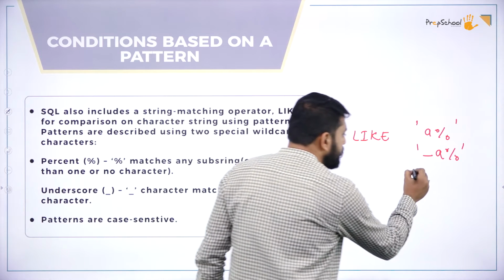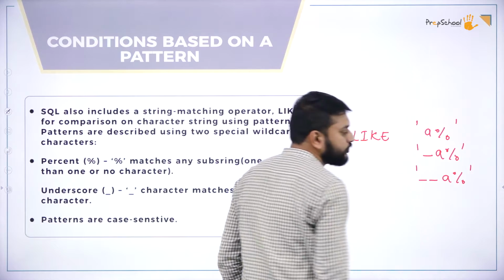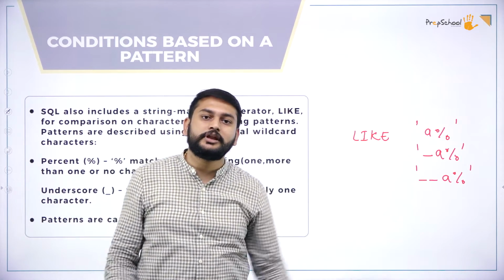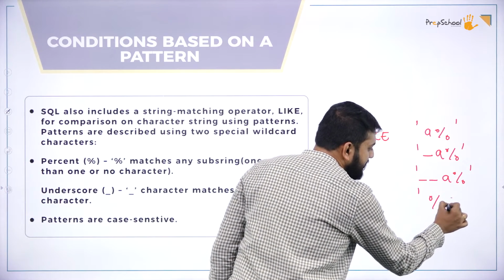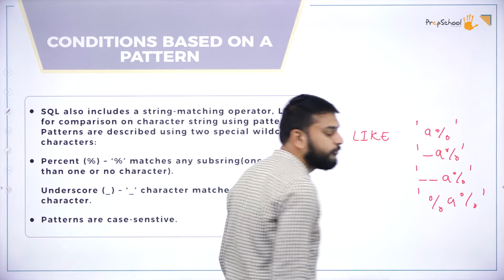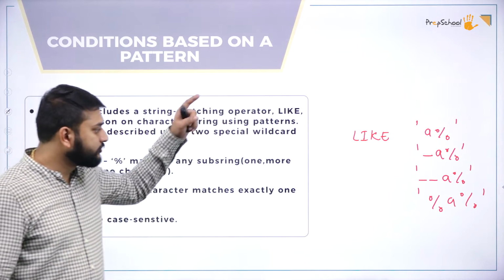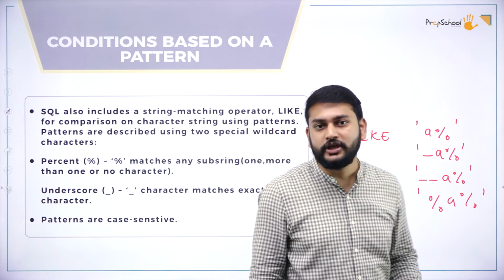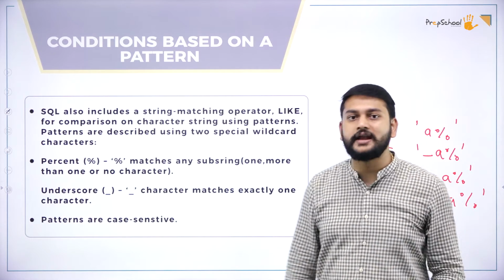I will write underscore underscore A percentage. If I want the A to be in the middle, where the start can be anything and the end can be anything, I will write percentage A percentage. This is how you will be giving pattern selection in the WHERE clause with the help of the LIKE keyword. That's all about pattern selection.